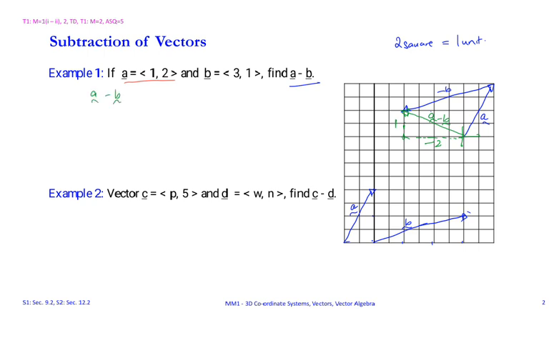So A minus B is minus 2, 1. We could have done this with the components. It's the same as 1 minus 3, so we're just taking the x components, 2 minus 1, we get minus 2, 1.